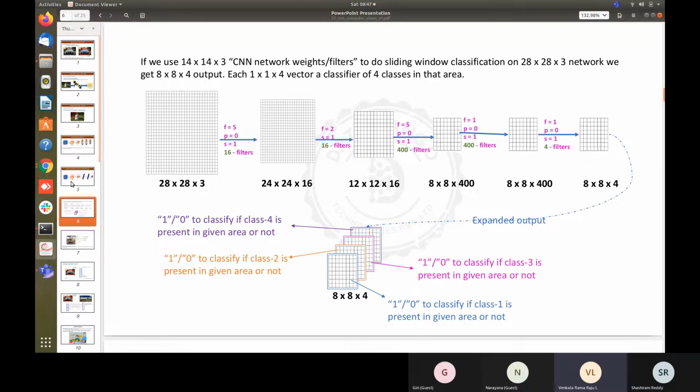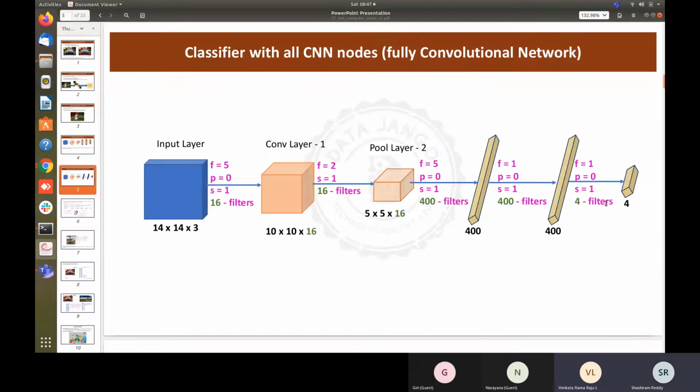Okay. And here the outcome is 1 by 1 by 4, or 4 by 1 by 1 in NumPy matrix dimensionality. 1 by 1 is the matrix, and 4 is the depth.